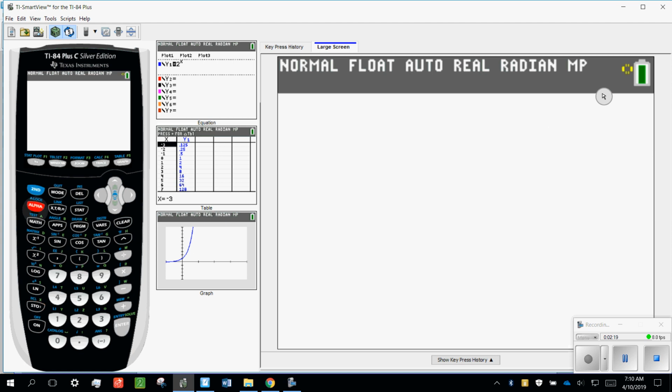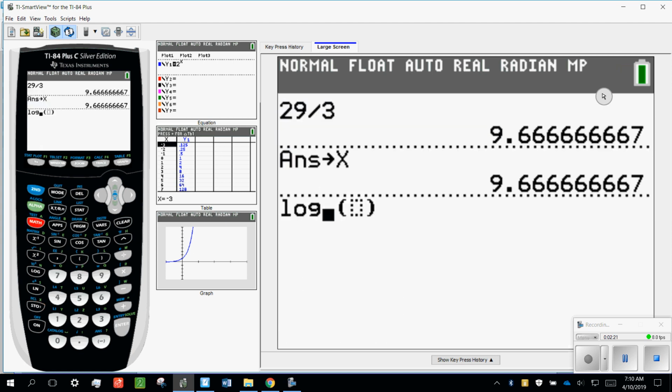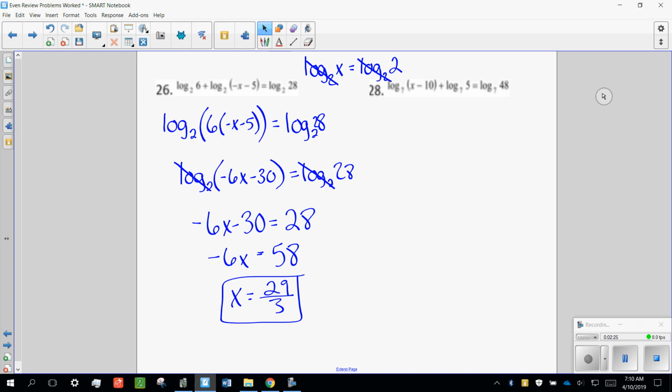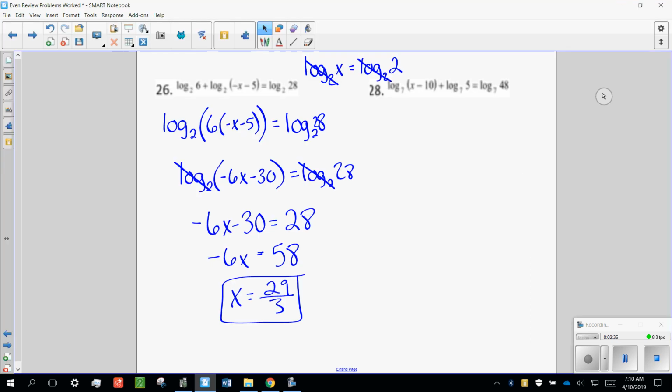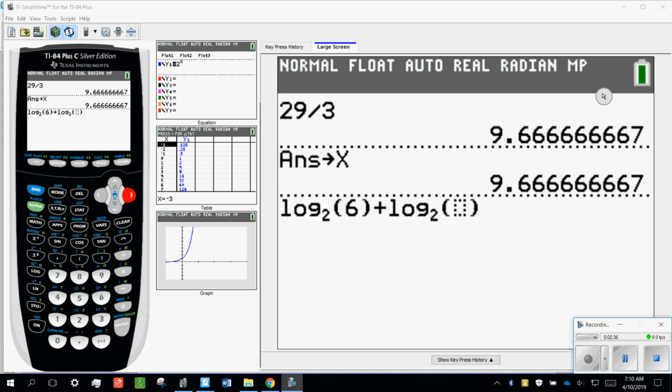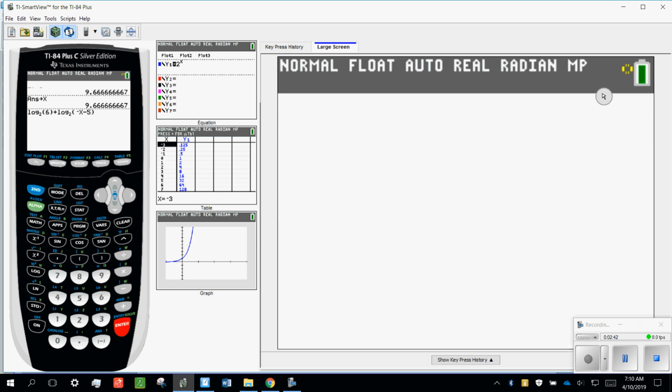So if I do log base 2 of negative x minus 5 plus log base 2 of negative x minus 5, so I plug those in.